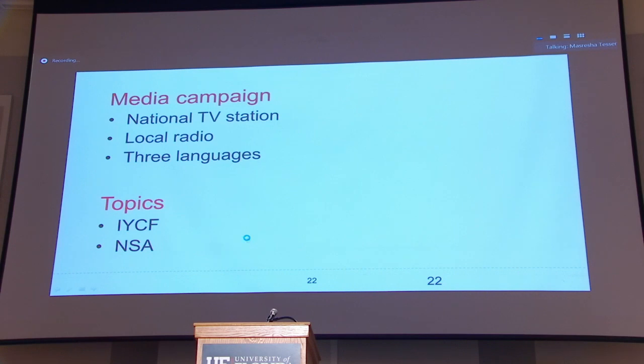And there is also media, which you can see, the national media and the local or subnational media, which has provided different messages, including IYCF and nutrition-sensitive agriculture, in three nationally known languages.